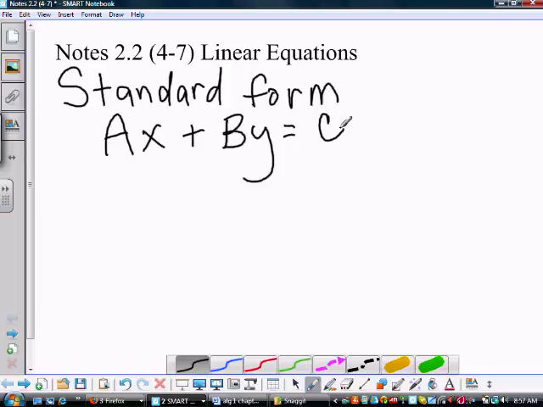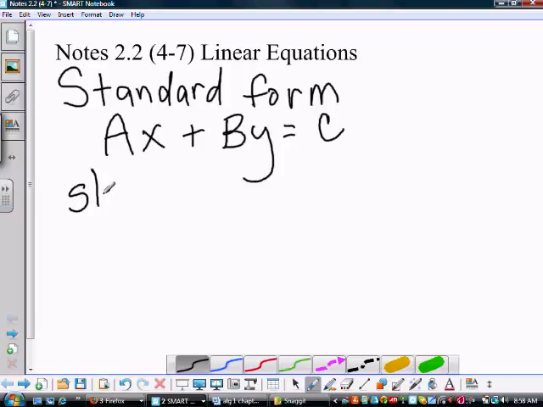We usually like these a's and b's and c's to be integers. And we usually like the a to be a positive integer, but we won't get that picky. Not all the time.